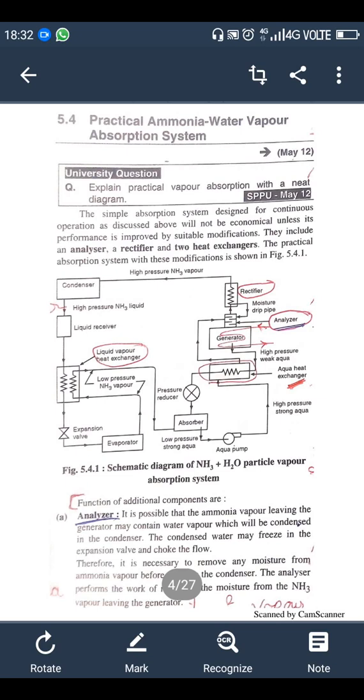There are some additional parts we are going to use here in the practical vapor absorption system.